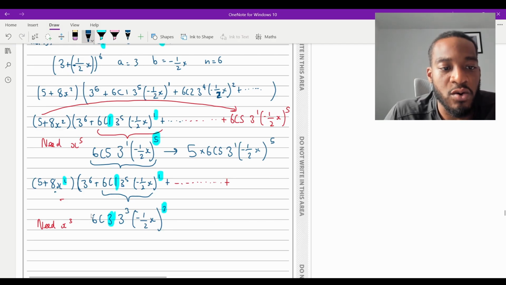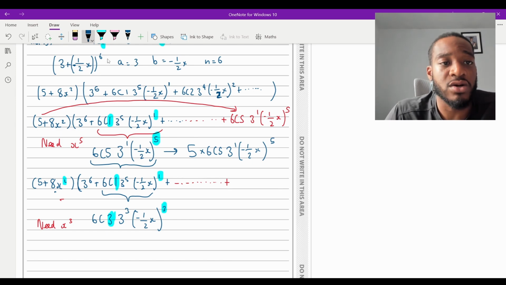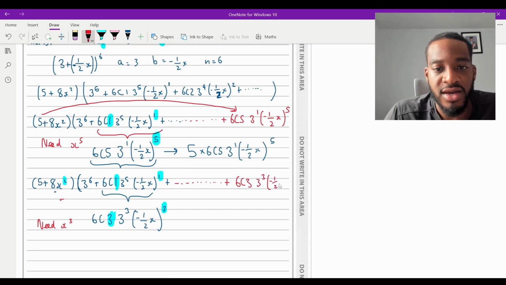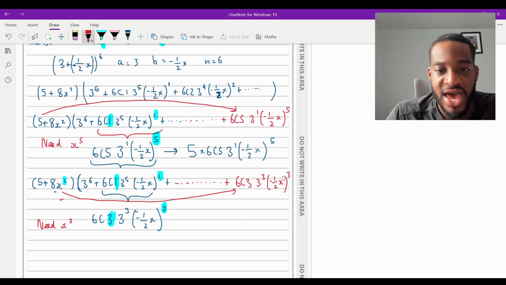So this is the term I'm going to use, right? And I'm going to multiply this by the ax squared, isn't it? So I'm going to write it here so it's super clear. It's going to be 6c3 and then 3 to the 3, and it's going to be minus a half x to the power of 3, like that. And then now you can see quite clearly, if I was to do that times by that, then if I look at the x terms, I'm going to have an x squared there, and I'm going to have an x cubed here, aren't I?